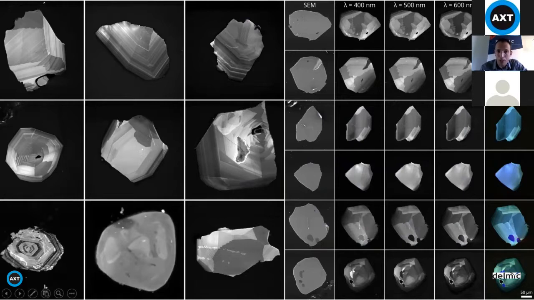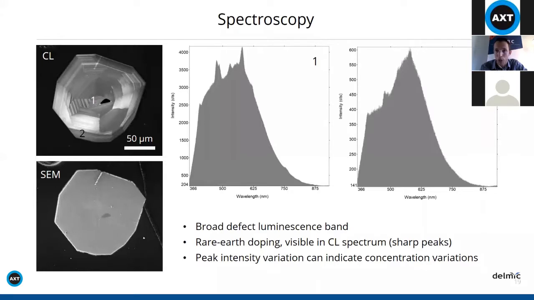Of course, you can also perform spectroscopy on zircons. And here I show quite a characteristic example. Zircons always have a broad defect luminescence band, which you roughly see here. But then you also see these finer peaks on top, and those are related to rare earth elements present inside of the zircon.